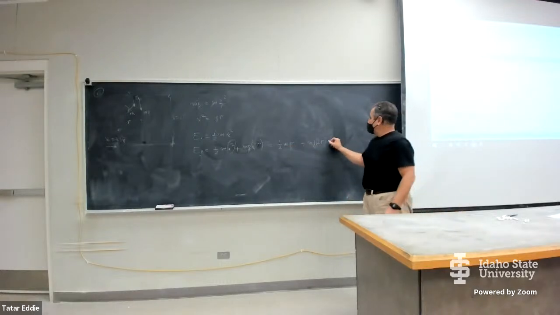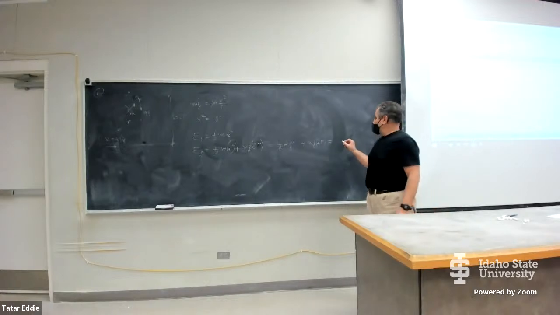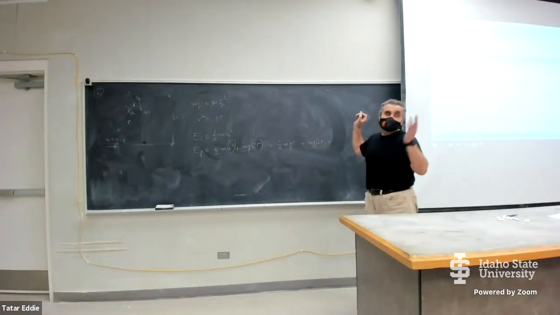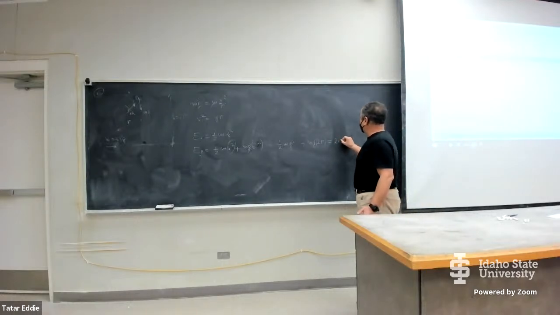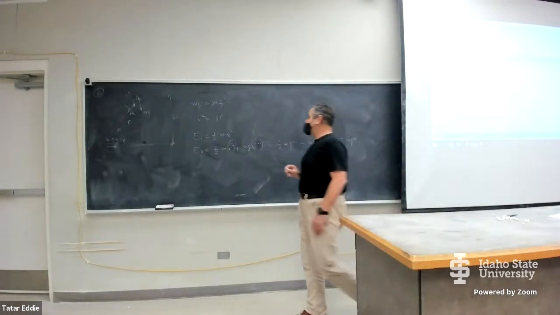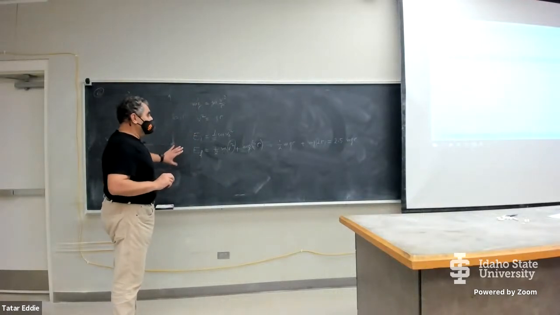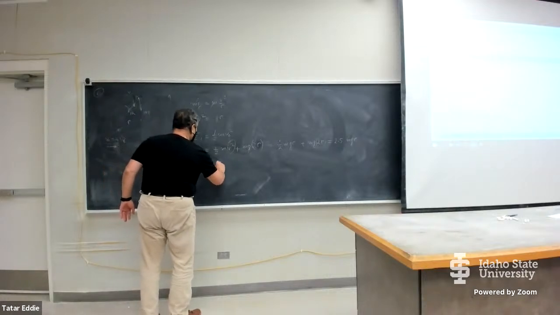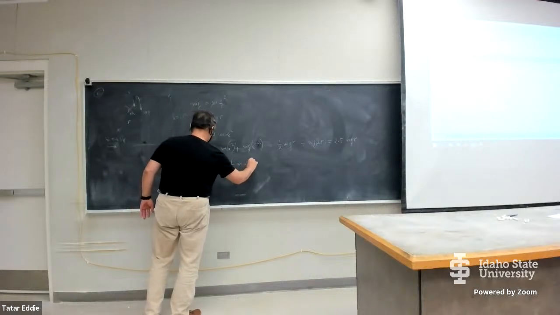A total is 2.5 times mgR, right? So when you add those mgRs, you get 2.5 times mgR. And that's it. So now initial and final energy are equal. So you have 2.5 times mgR has to be equal to 1/2 m times v naught squared.